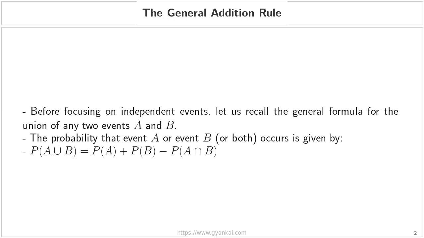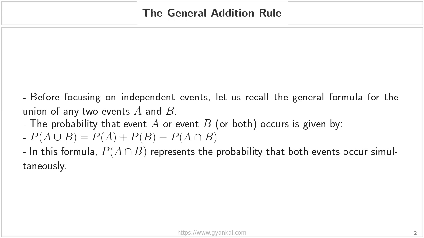The probability of A union B equals the probability of A, plus the probability of B, minus the probability of A intersection B. Now, you might wonder why we include that subtraction at the end. In this formula, the term A intersection B represents the probability that both events happen at the exact same time.